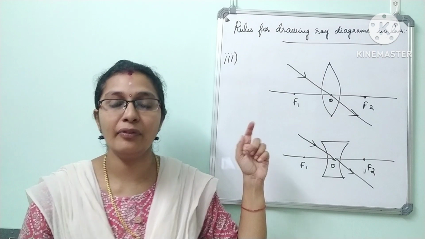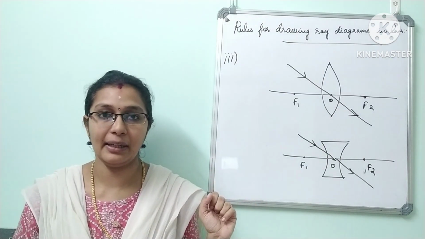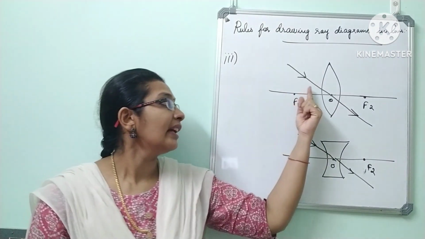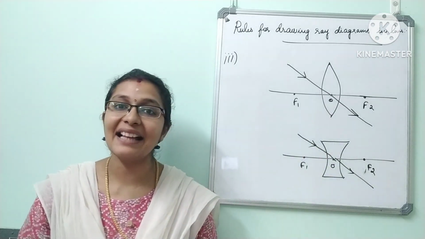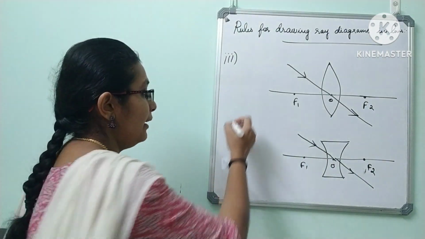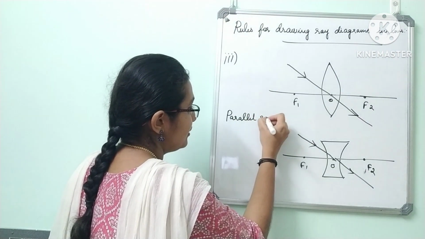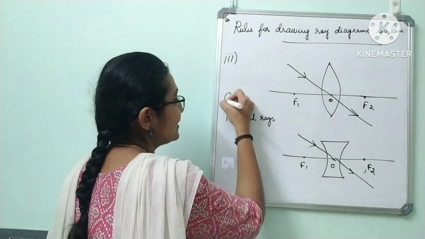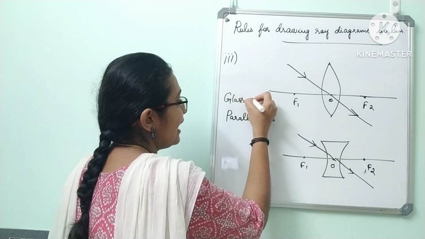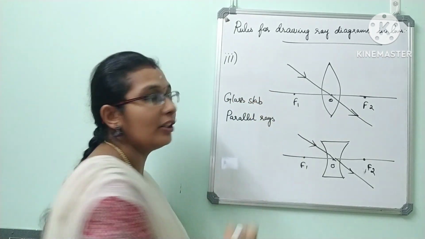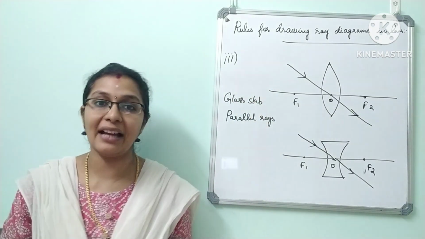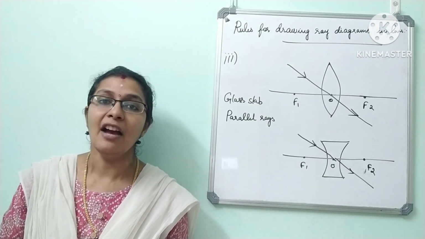There is a reason why there is no refraction taking place. It is because here both the surfaces act like parallel surfaces, okay? So it just acts like a glass slab. In glass slab we saw, right? So what will happen in glass slab? There is no angle of deviation in glass slab, yes? Why?